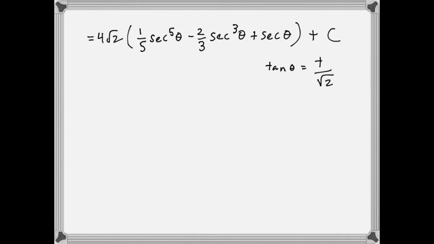So if we were to draw our triangle here, and there's theta, remember tangent is opposite over adjacent. So this becomes t and square root of 2, and then the hypotenuse is going to become the square root of t squared plus 2, right?